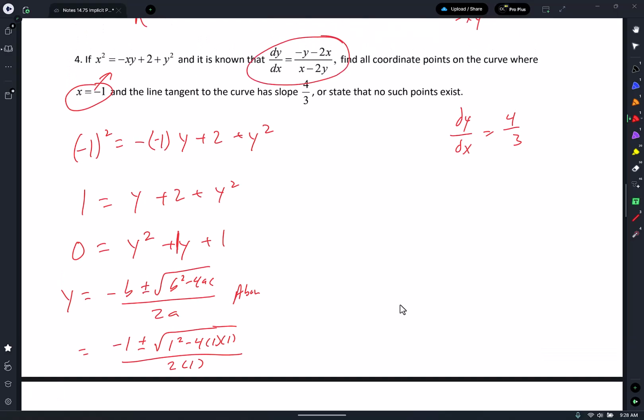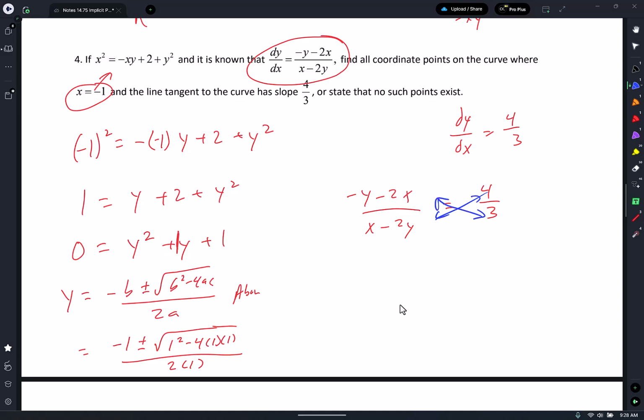Now let's get hints from here. So I need negative 1 minus 2x over x minus 2y to equal 4/3. Find coordinate points on the curve. Okay, let's cross multiply.